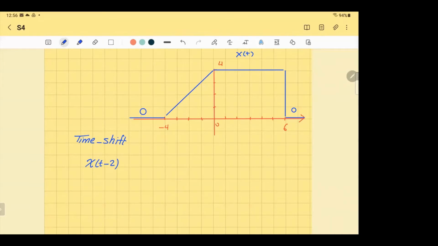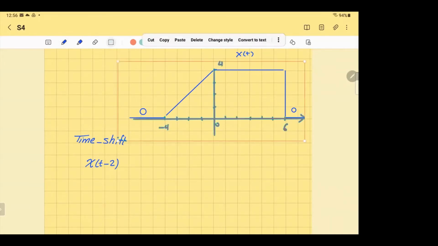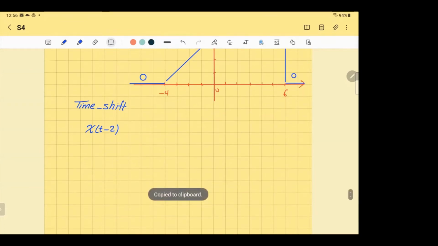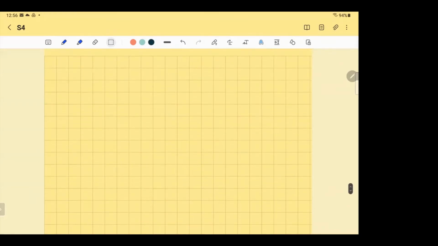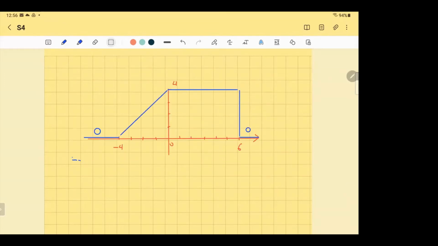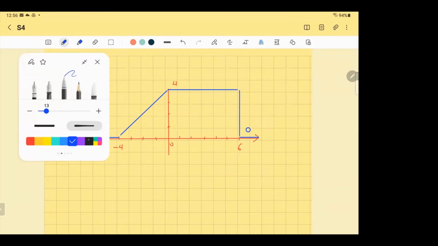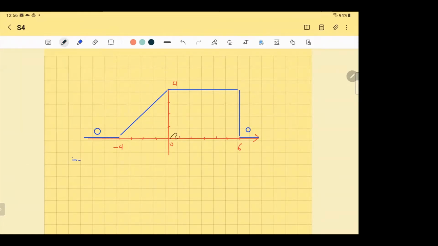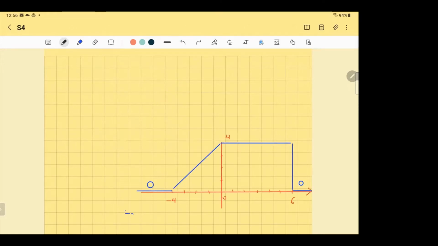I will do that. Let's take a copy of the same signal. That's the original one, so I will sketch the top of it.